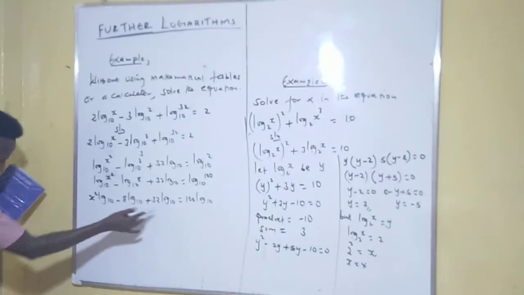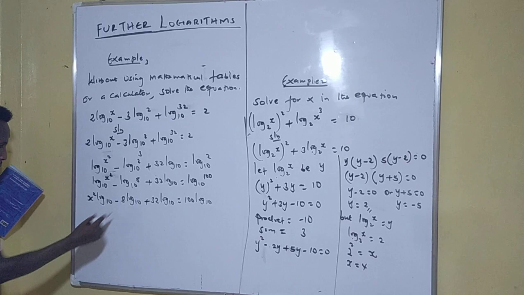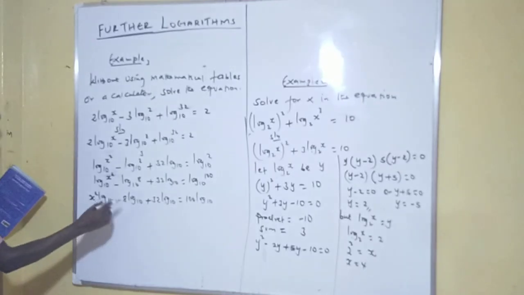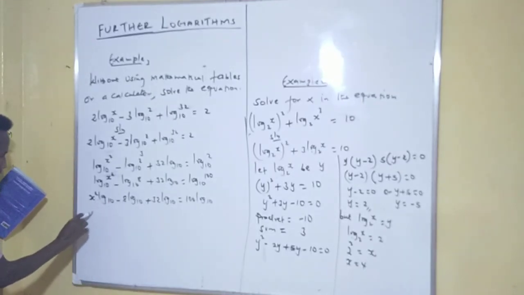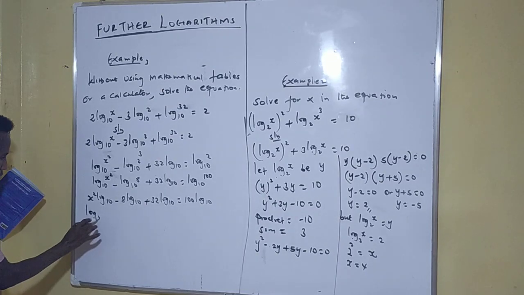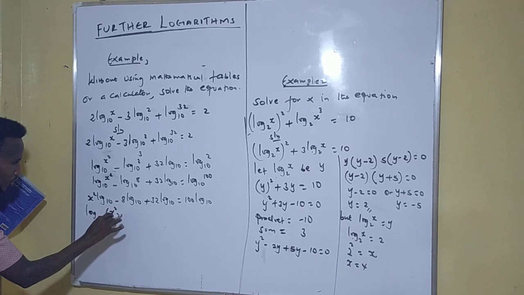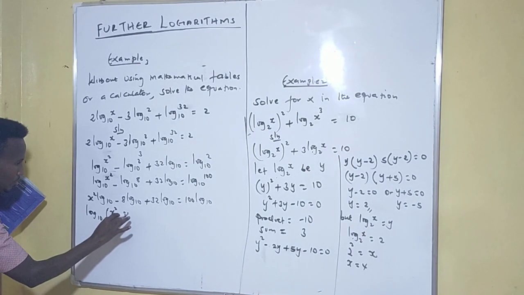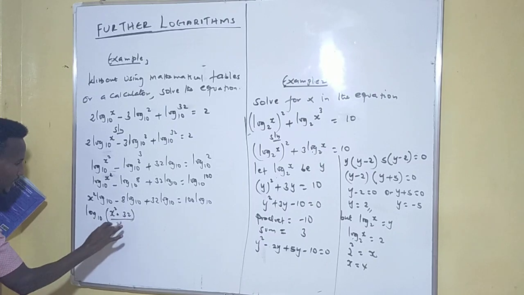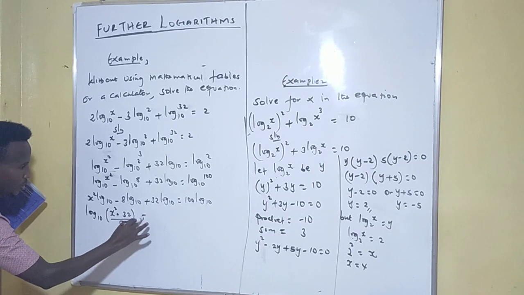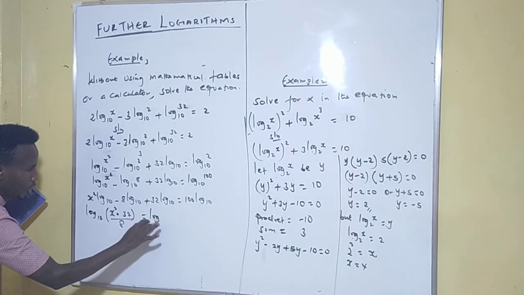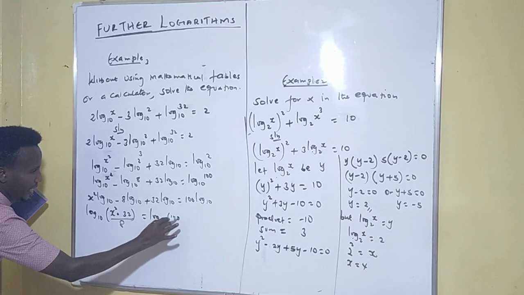So here on this side we have minus and plus, so the one with the minus will go down. Look here: log base 10 x squared dot, dot means multiplication, dot 32 divided by 8, minus means division, is equal to log base 10 into 100.